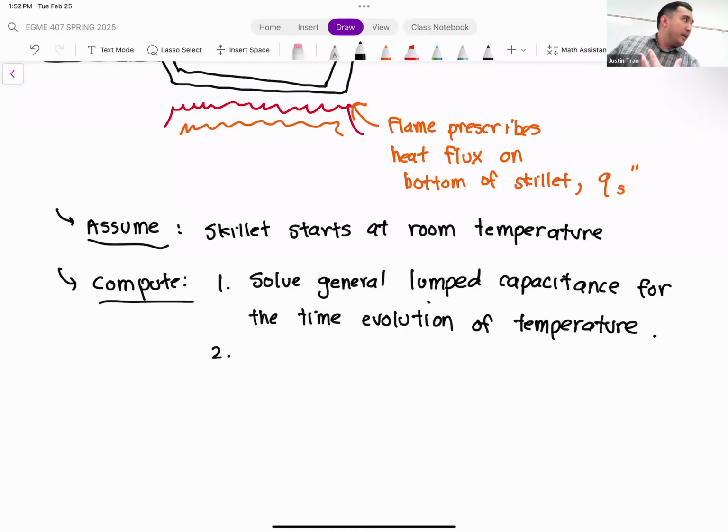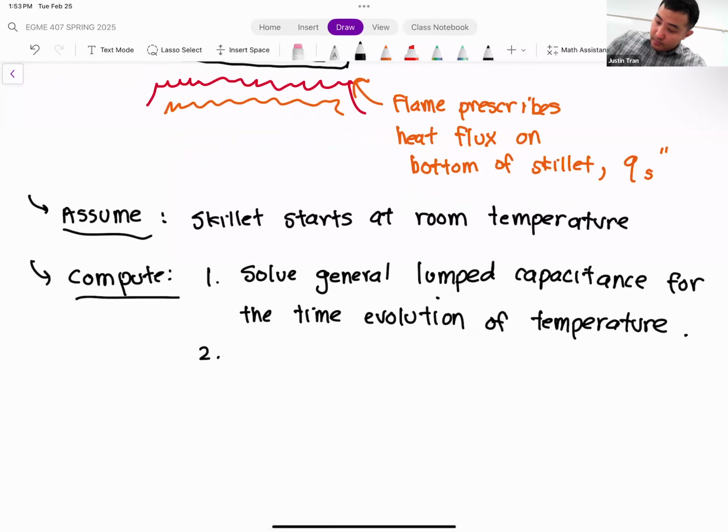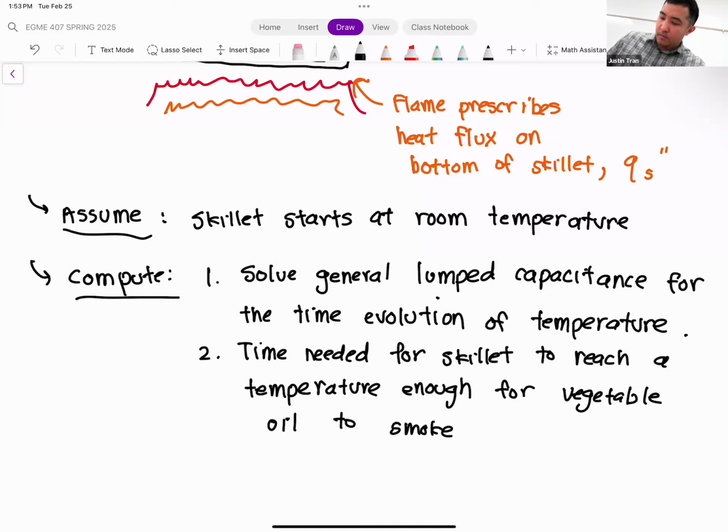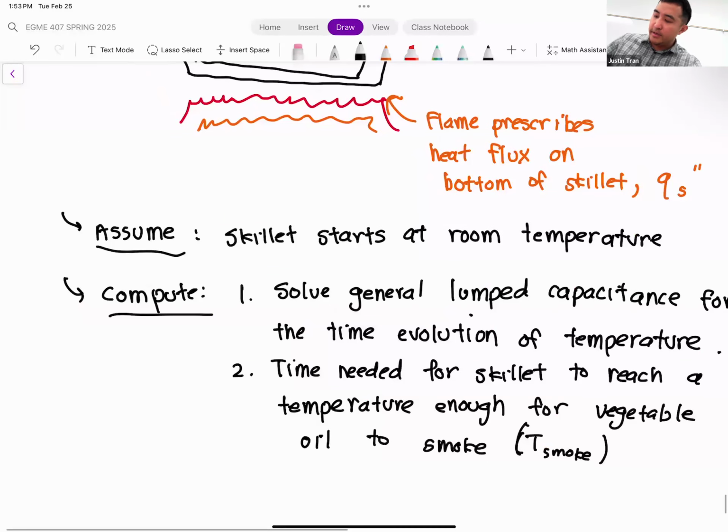And so we want to compute how long it's going to take in order to reach that point. That's t_smoke.